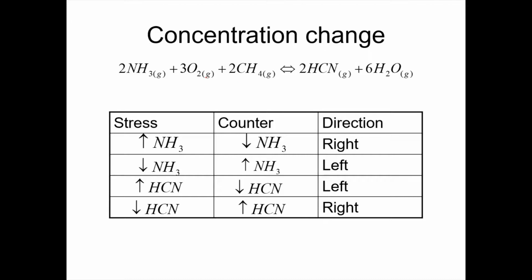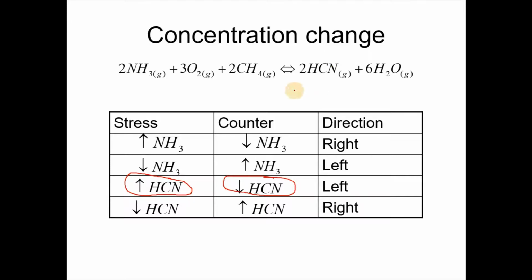So if you increase the amount of O2, the reaction is going to want to decrease the amount of O2. In order to decrease the amount of O2, it's got to go to the right. So it'll go in the same direction as over here. Okay. Now, if you increase the amount of HCN, that's a product. So once again, the reaction is going to want to decrease it back down again. In order to decrease it back down again, you got to go away from it. HCN's on the right.